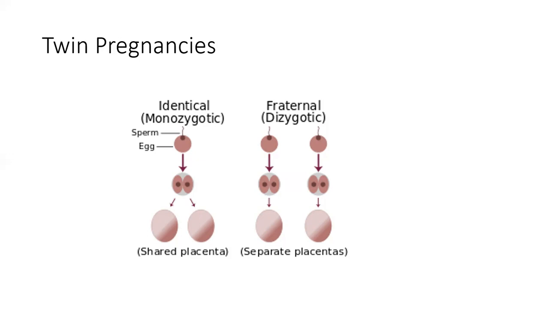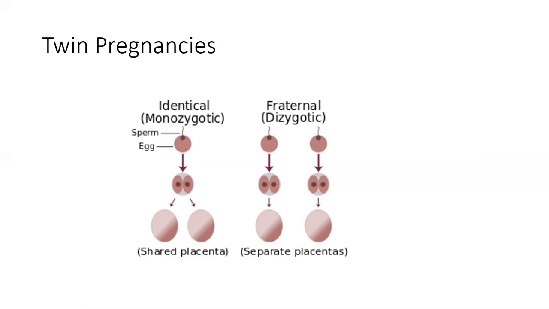The reason this happens is because one single sperm cell fuses with an egg cell. This is a sperm cell, and this is an egg cell. Remember in class we talked about there being DNA, or genetic material, inside the nucleus of these cells. So they fuse.